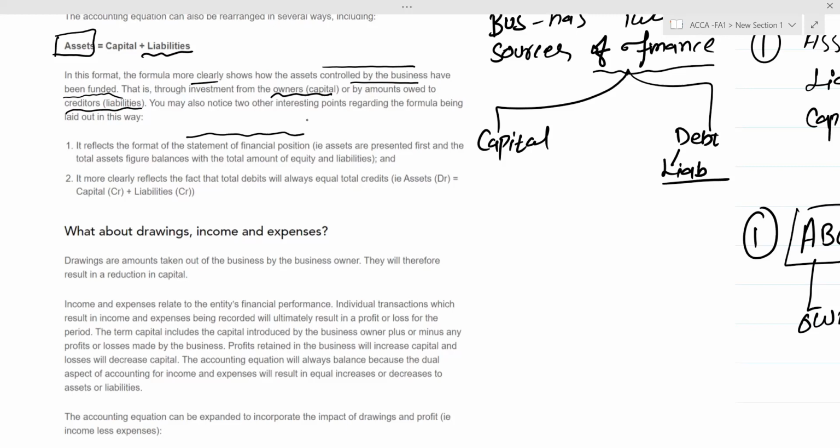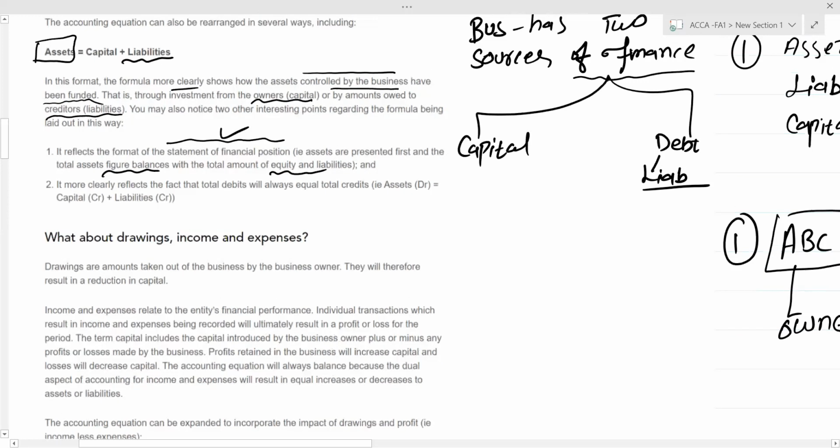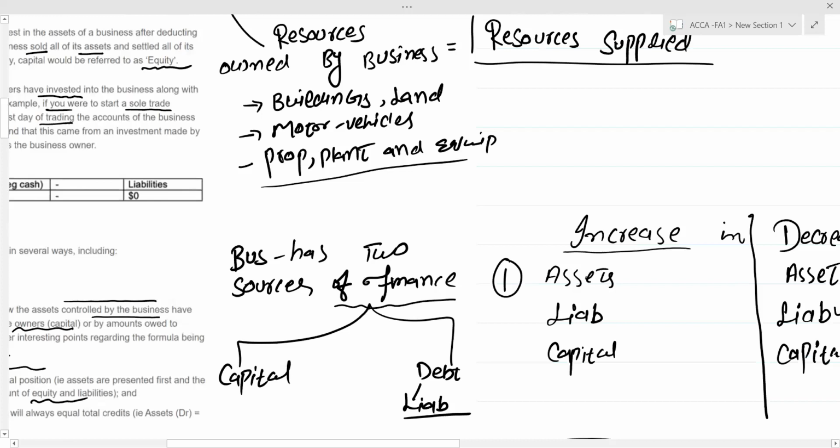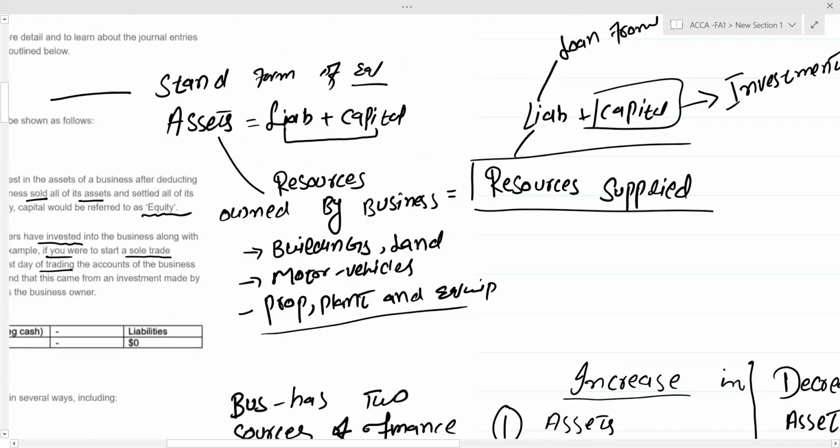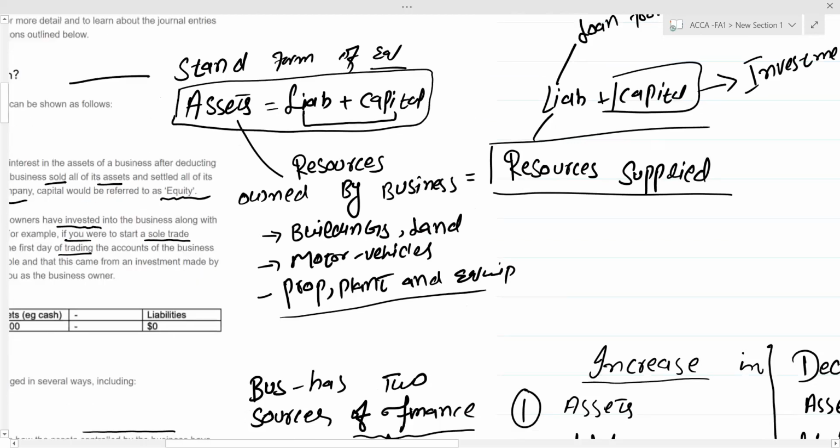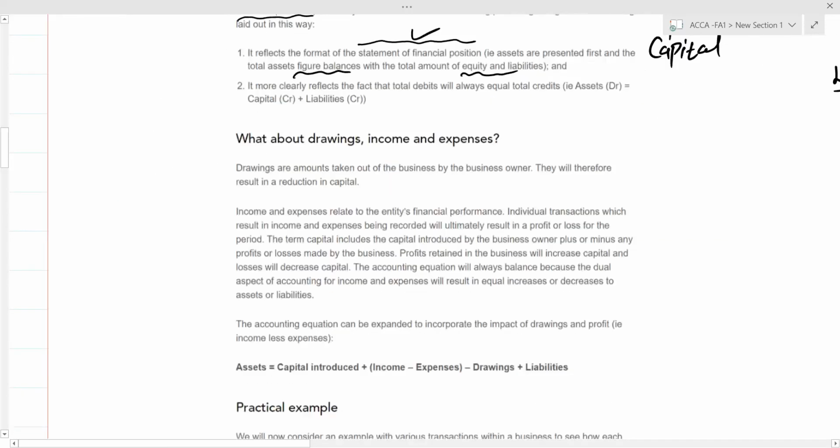One type of financial statement is the statement of financial position, where assets are presented first and the total assets figure balances with the total amount of equity and liability. The equation I wrote is a standard form of the accounting equation, and it looks similar to the balance sheet.